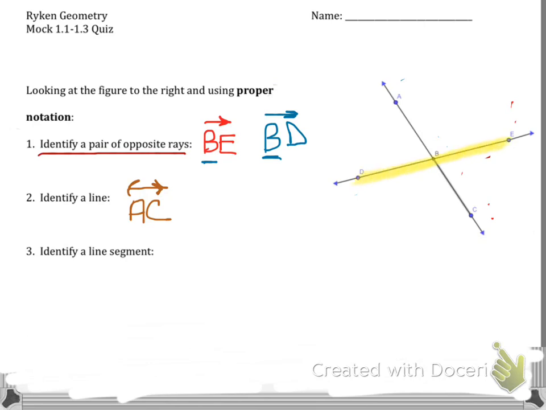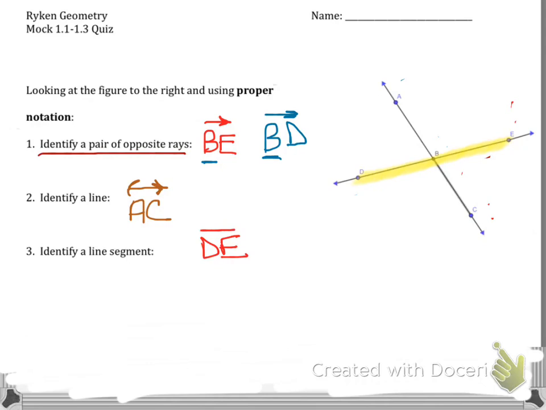That line segment starts at D and ends at E. The way I would write it so that my audience knows I mean a line segment is I would write the letters D and E, and I'm not done, so I have to put a line segment symbol. Notice on my symbols I don't have any points.